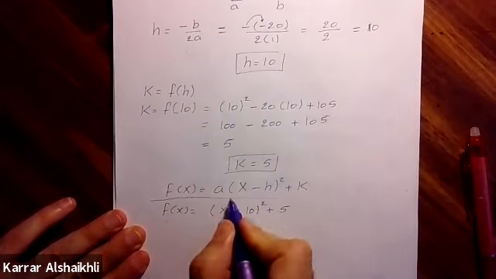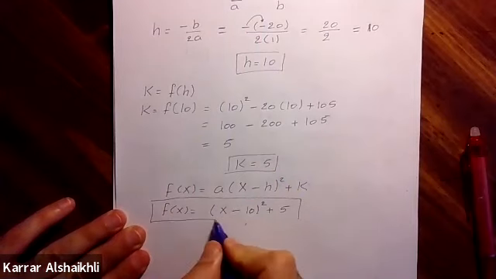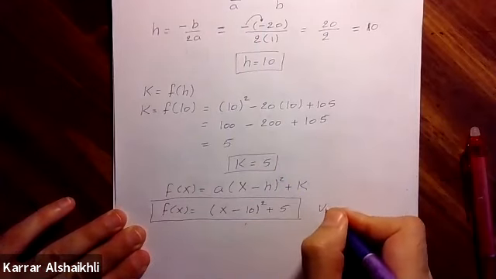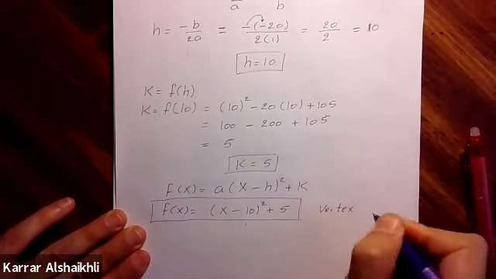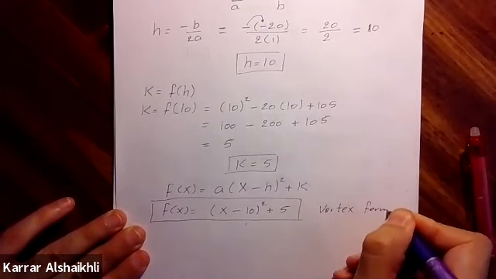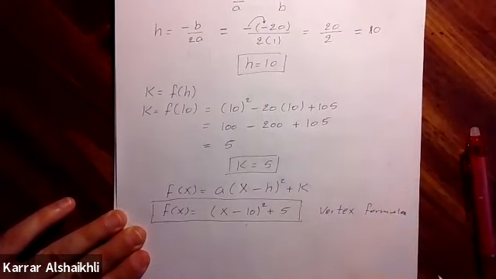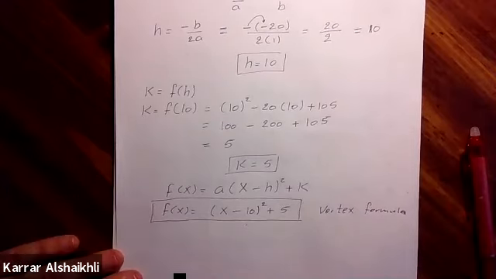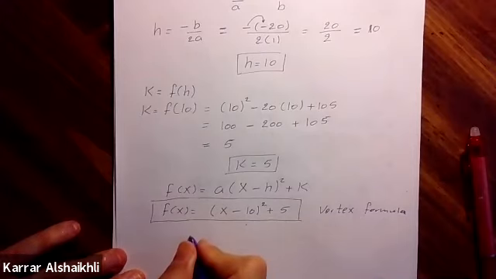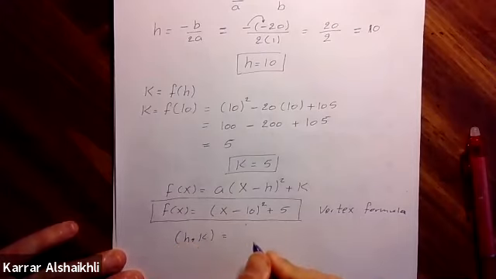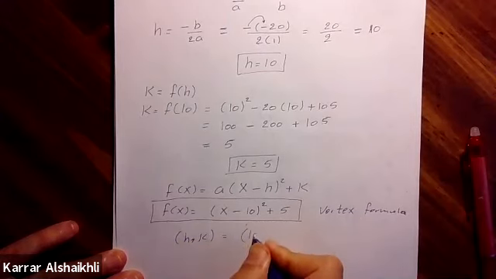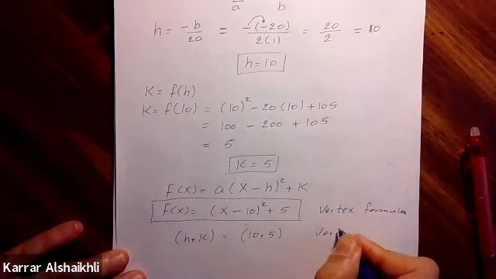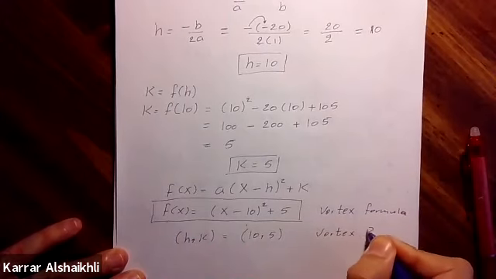So this one is the vertex formula. Now, if they ask you to find the vertex point, you're just going to say h and k. It's going to be h is 10, k is 5. This is the vertex point.